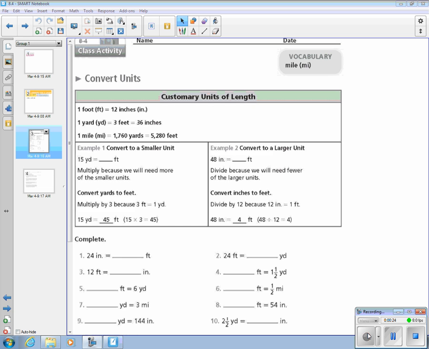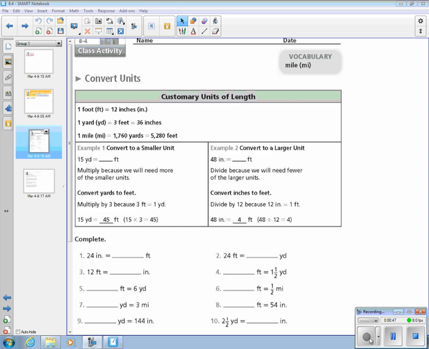Alright, so we are now moving on from metric to customary units of length. It's pretty much the same thing that we've been doing. We don't use the King Henry acronym anymore. What we're going to be doing is dealing with inches, feet, yards, and miles.